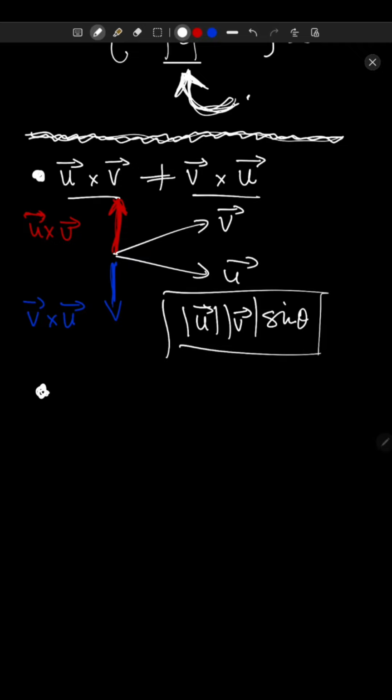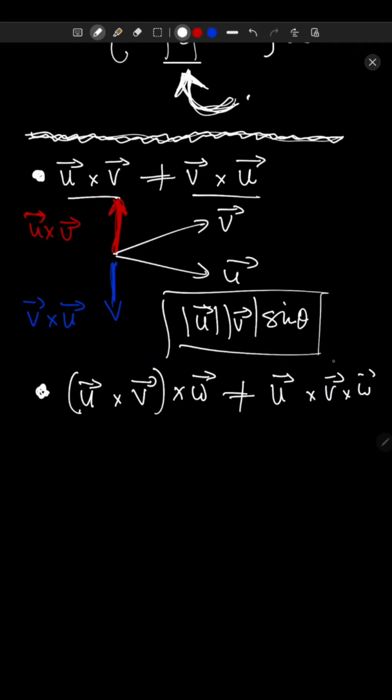The second slightly unpleasant property is that if I do u cross v first and then cross it with a third vector w, that's not necessarily equal to u cross v cross w where I do the second two first. All right. So the order actually matters.